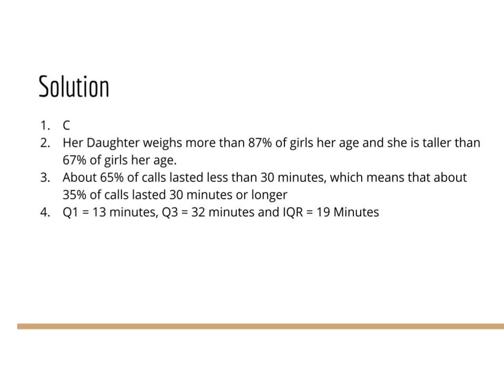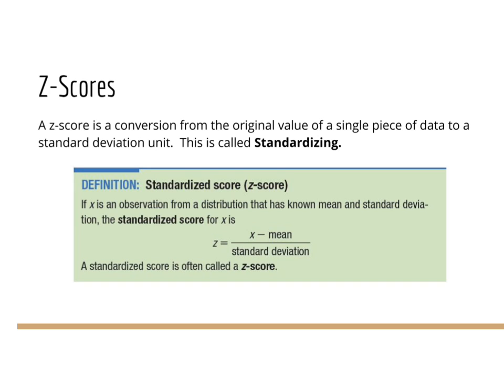So z-scores. So last class, or in the previous lessons, we've talked about the standard deviation. Okay, so when we're looking at a distribution, especially a standard distribution, we're looking at the mean, and then we're looking at these standard deviations.